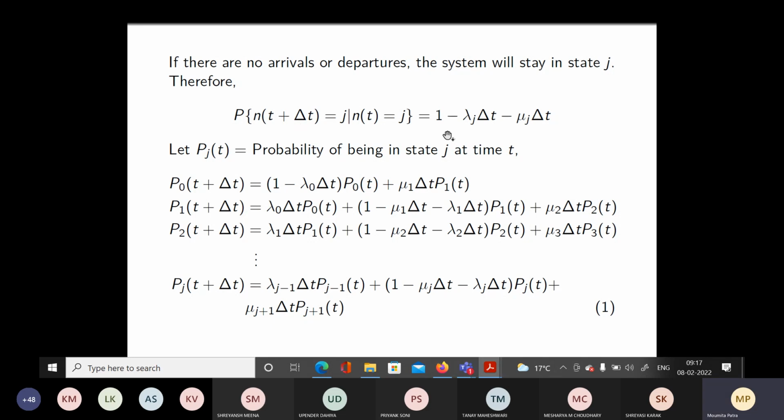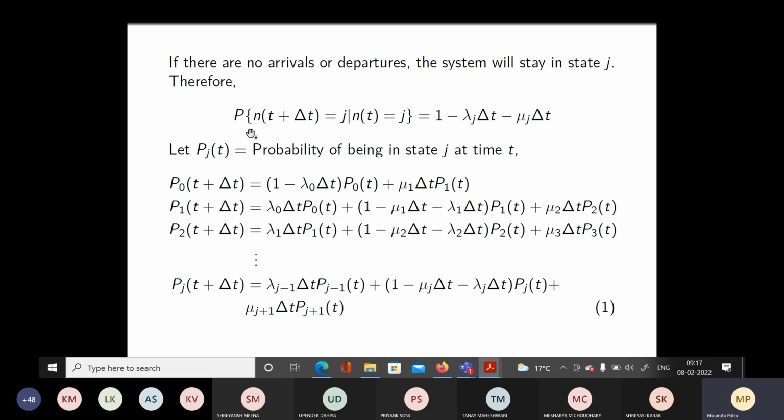These values of probability that we are getting, you will also get them there, except for one fact: you have a small o delta t term there, which is a very small, negligible value, and that is from the probabilistic analysis that we did there without assuming that it is a birth-death process. Here we are first assuming that it is a birth-death process, and we are not assuming that o delta t term at all.